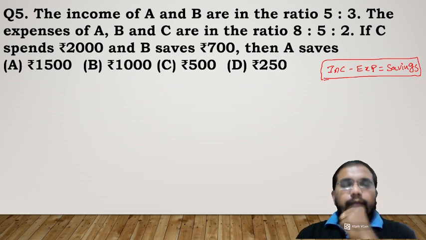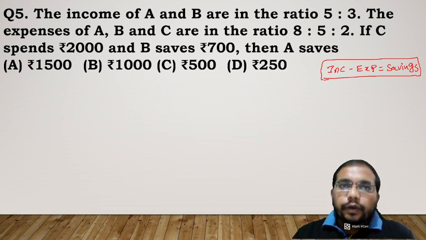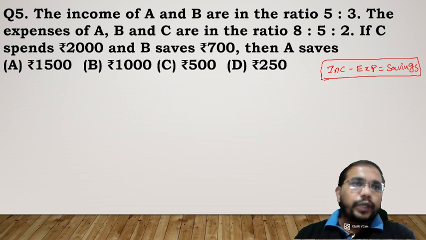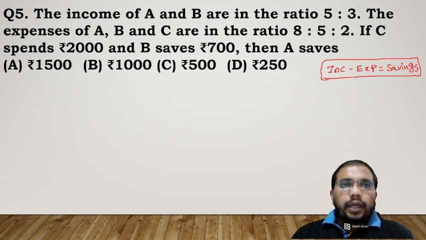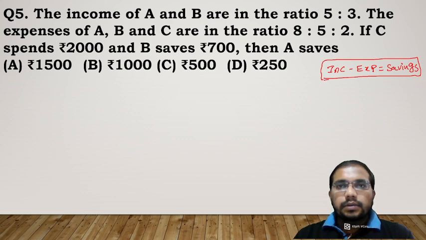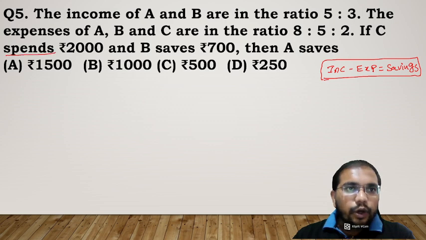Right? Now, incomes of A and B, 5x, 3x you can say. A, B, C expenditures, 8y, 5y, 2y. And C spends, spending of C. Spending means expenditure or not?